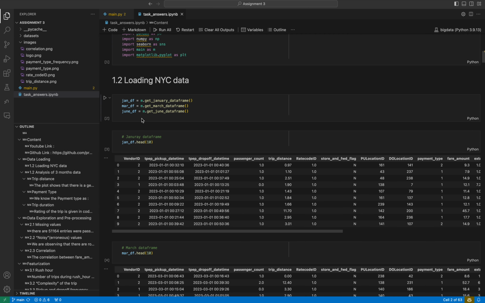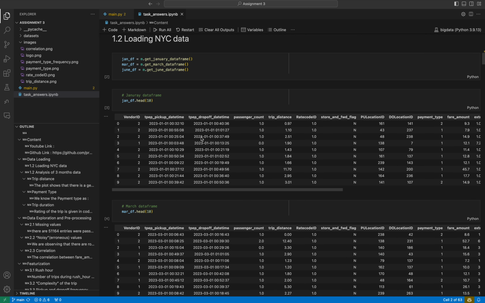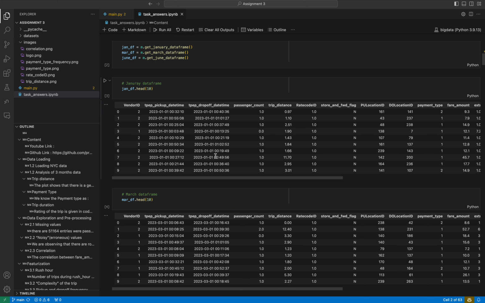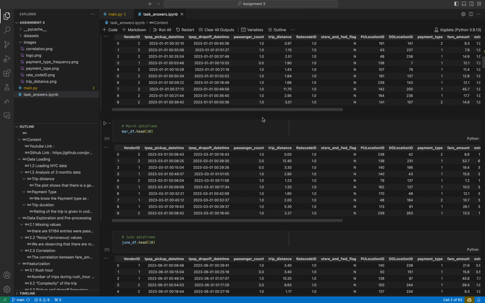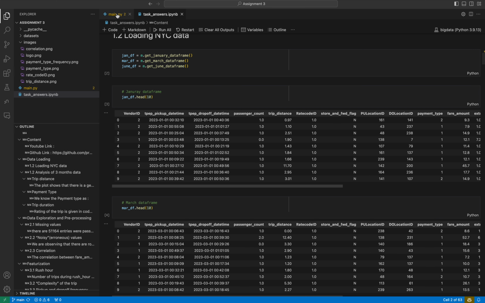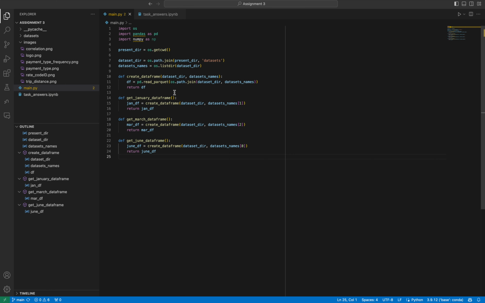Here, I have loaded the data and only populated the first 10 columns. I would also like to share that I have a main file which I use to get that data set.